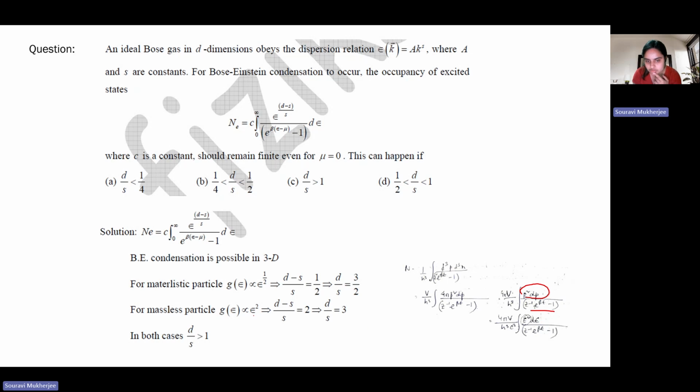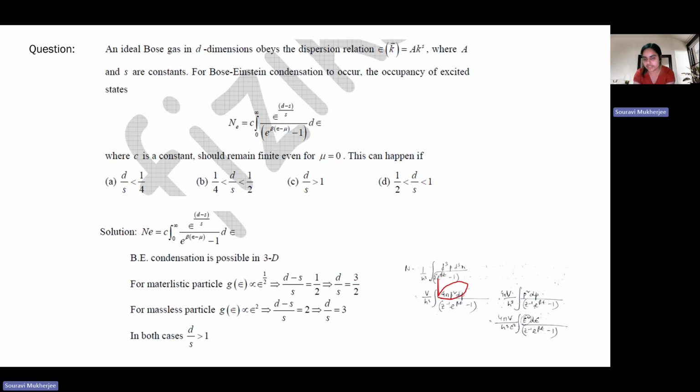If you consider epsilon goes as p into c, just write p in terms of energy, using the relation between momentum and energy. So do a change of variable, and then this is the relation that you would get. You get an epsilon square here, as you can see. So that's how this epsilon square comes out. Based on the dispersion relation, or the relation between momentum and energy, you would get different density of states. Also, it would depend on what dimensions we are talking about. So here it's in 3D, that's why. It's in 3 dimensions.